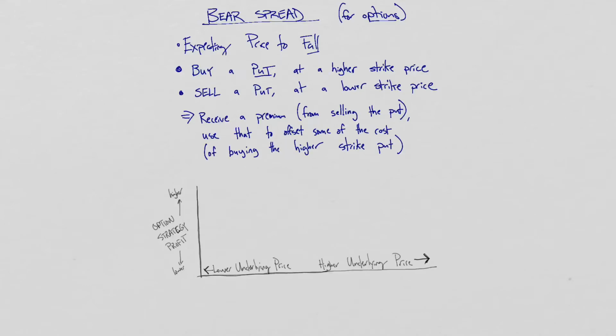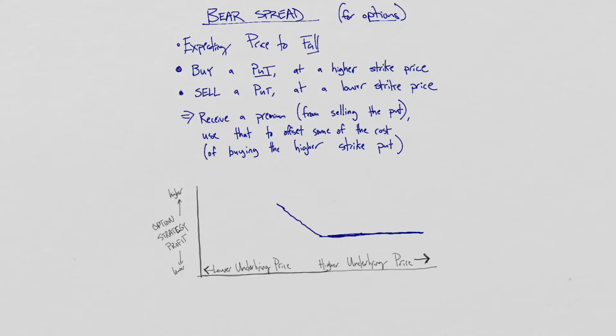And what's going to happen is that at the higher values of this underlying stock price, our put is not going to make any money. Buying the put won't kick in until the stock price drops below that strike. And then it's going to kick in, and then we'll start producing profit on that put option that we bought.